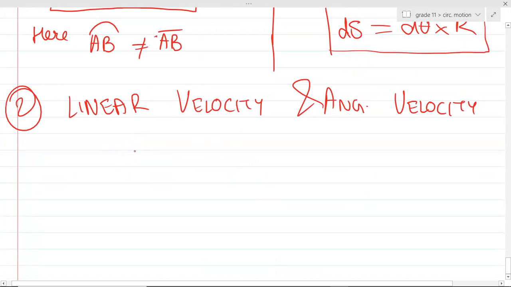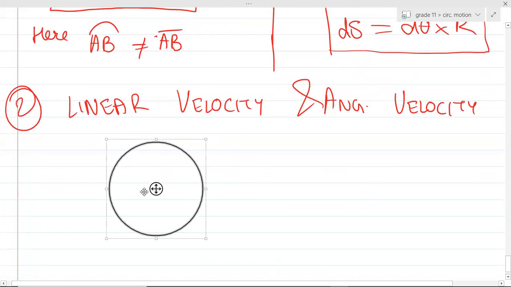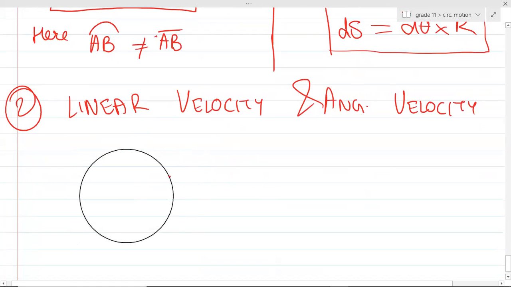See guys, suppose you have a circle and let's talk about 2 points which are very close to each other. This is point A and this is point B. And let's say this is the center of the circle. So basically this angle is very small, which is basically how much? d theta, right?